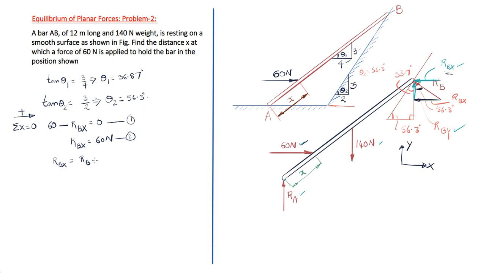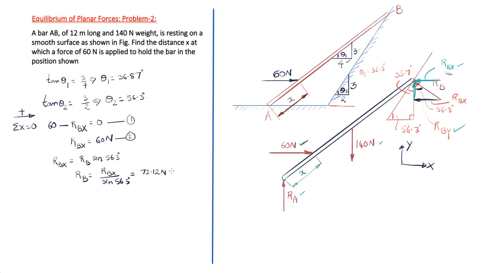So that is RB sine 56.3, from which you can find out RB. RB equals RBX divided by sine 56.3. So RB will be equal to 72.12.